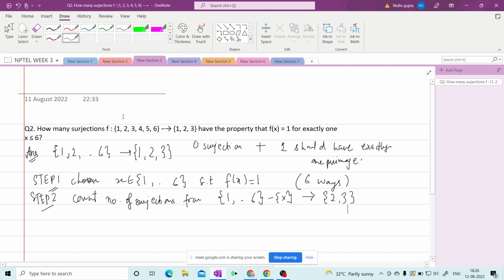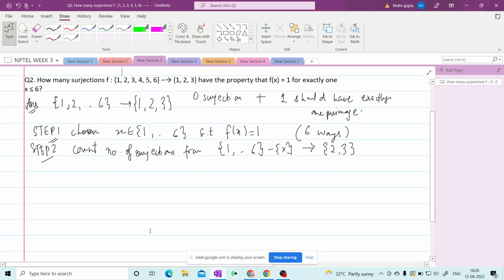Step 1 we can do in 6 ways. Now we have to find the number of ways to do step 2, and since these two events are independent, the answer is the number of ways in step 1 multiplied by the number of ways in step 2. So secondly we have to count the number of surjections.